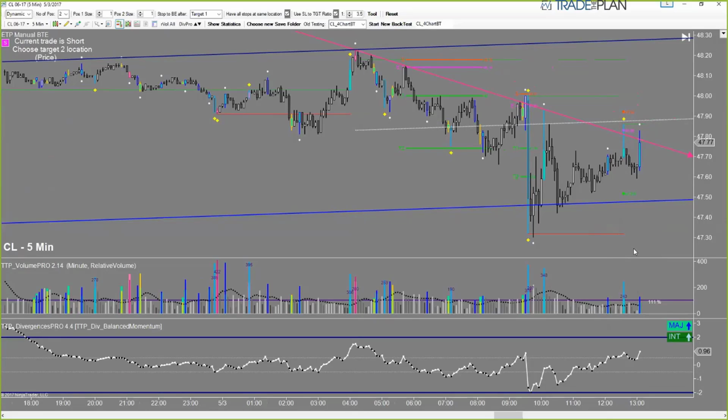Rather than having to put that second target in right now, we'll be able to click a pause button and then start marking up the chart, scroll forward bar by bar, and then once we see that we've hit the area that we're at, we've had the volume confirm or whatever, then we can decide to put that second target in, or even if the market moves too far against us, then go ahead and take that second target as kind of a trailing stop. So that's the next major feature that he's going to be adding, which he says should be ready by the time we have our webinar on June 22nd.